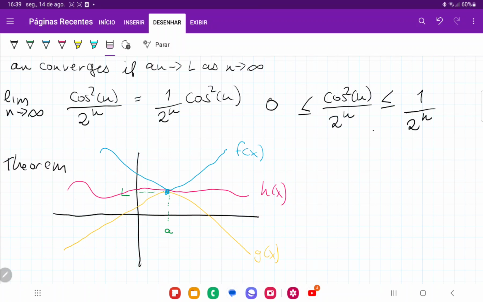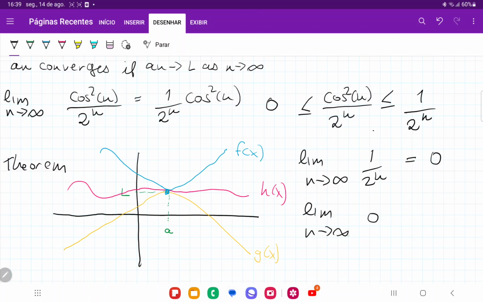And we have shown that it meets this criteria, and now we're going to take the limit as n approaches infinity of 1 over 2 to the n, and the limit as n approaches infinity of 0. The first limit is 1 divided by 2 to the power of infinity, so 1 divided by infinity, that's just going to be 0.